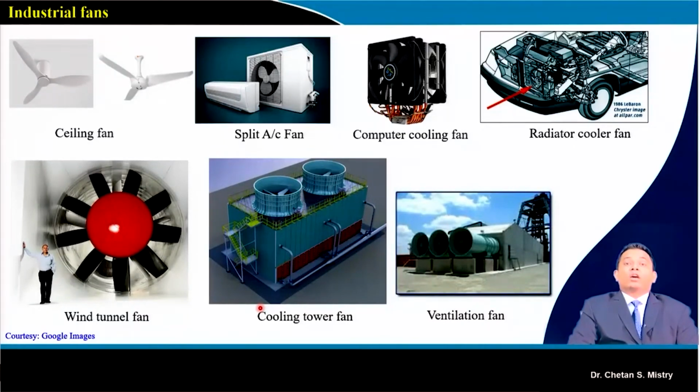When we are talking about industrial fans, they have huge demand. We have a specialized area called heating, ventilation and air conditioning. We are looking for special kinds of cooling devices where this concept of design and the idea about the fan is very important and equally applicable there.